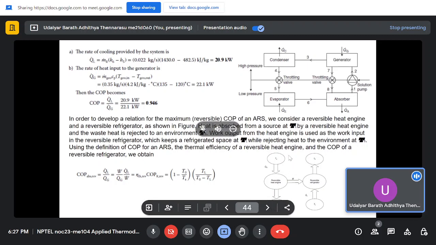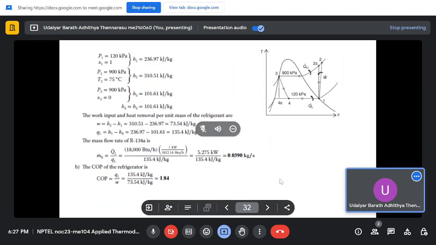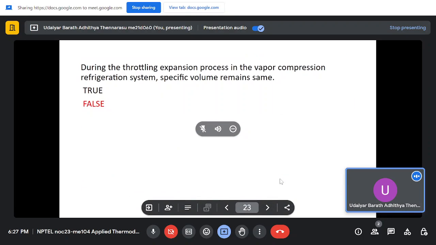Here the generator is the amount of heat you are giving in. So this is like an engine producing some work to drive the reversible refrigerator. This is a Carnot cycle, so the efficiency is 1 minus Tg by T absorber, and the COP of the refrigerator is TL, the lower temperature, by the difference in temperature, T0 minus TL. So that's what is expressed here.